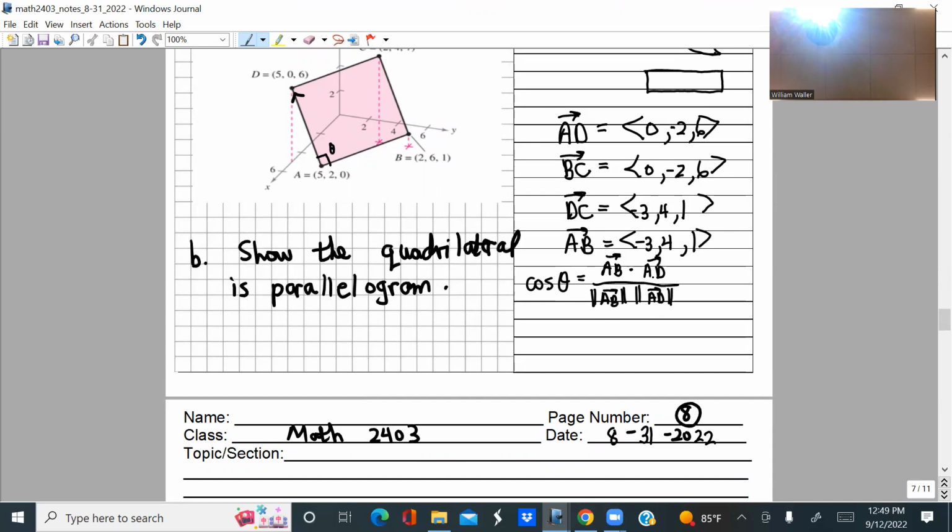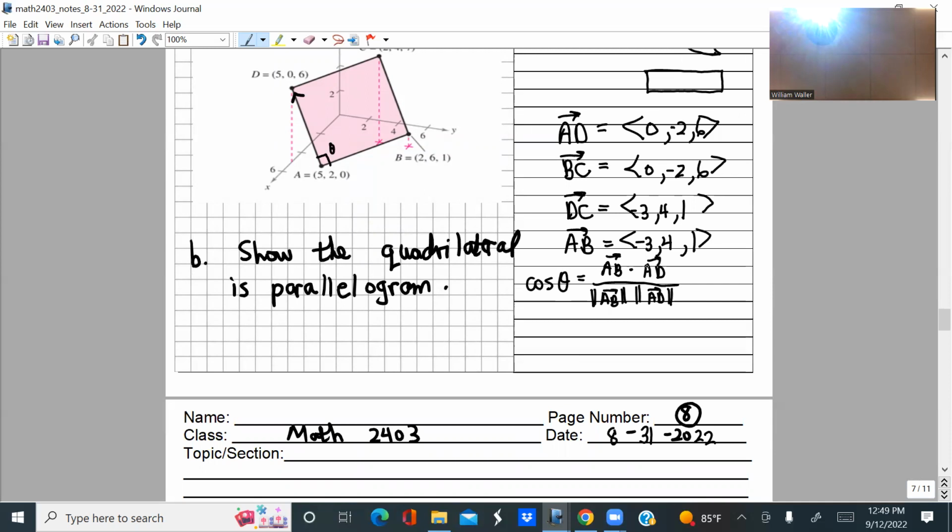If the numerator is zero, because the magnitudes cannot be zero. They're positive. You can see in the picture the magnitudes are not zero, so the denominator is not going to be zero. We're only worried about the numerator being zero. That's just the dot product. So we just calculate to see if the dot product is zero. That's what we mentioned earlier, a fast test to see if two vectors are perpendicular.